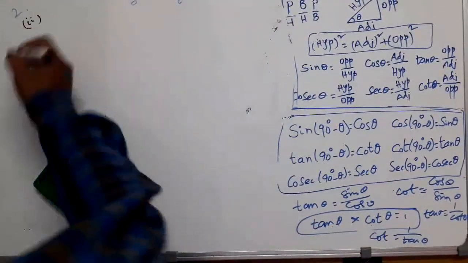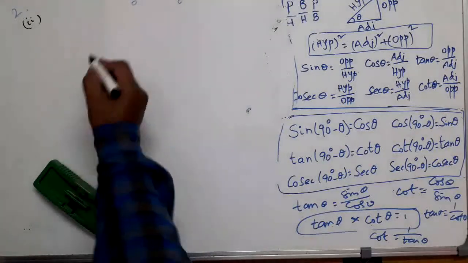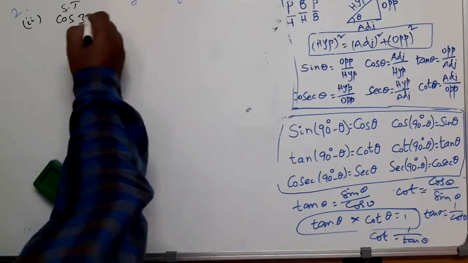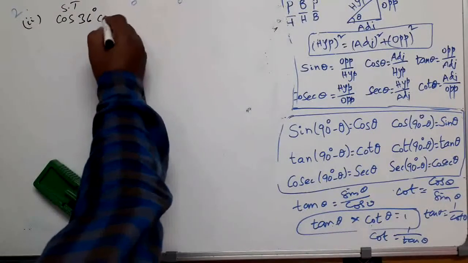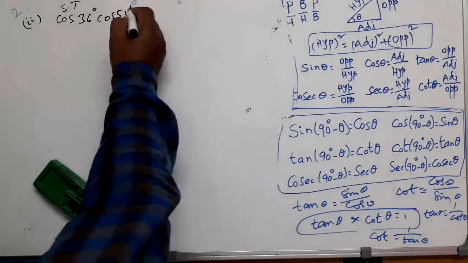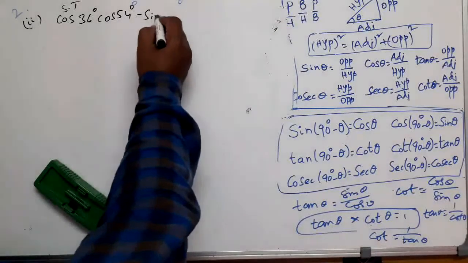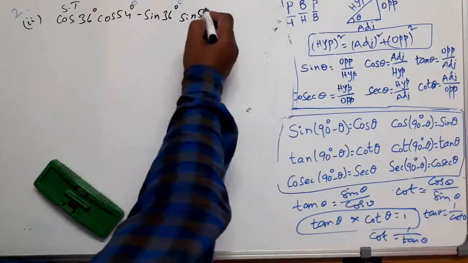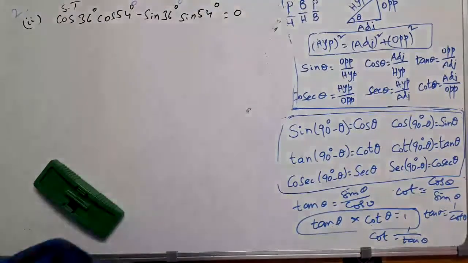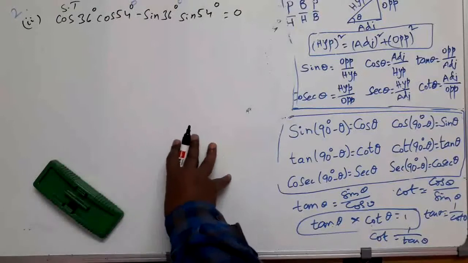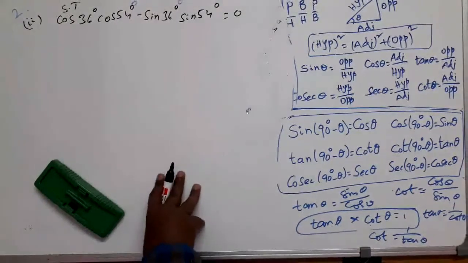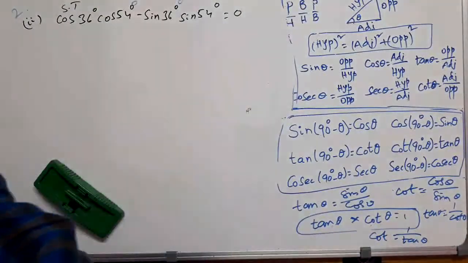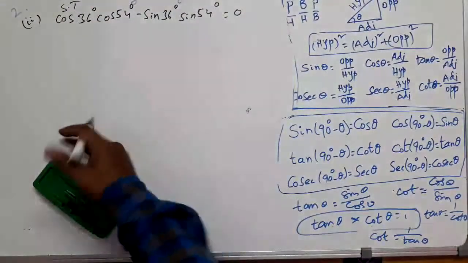Show that cos 36 degrees multiplied by cos 54 degrees minus sin 36 degrees multiplied by sin 54 degrees is equal to 0. Right? This is the given. Left hand side part is this, right hand side part is the same logic, same style.